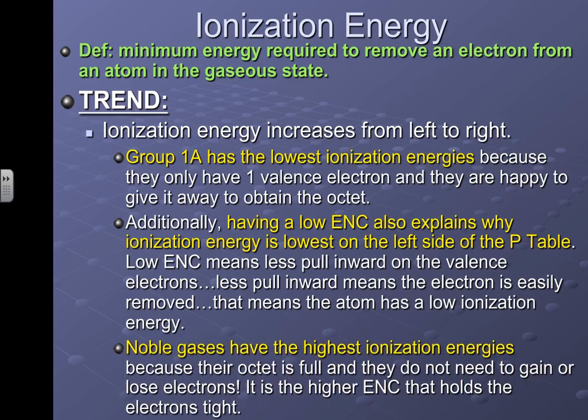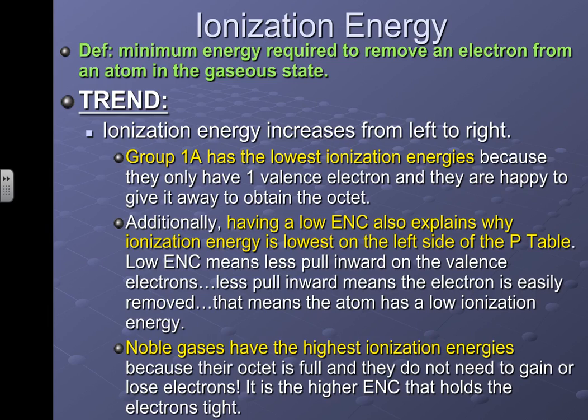Noble gases have the highest ionization energies, basically for 2 reasons. It's because of the octet being completely full, and they don't want to gain or lose electrons, so they have their 8 chocolate bars, and they will fight you for them. And they also have the highest ENC of +8, so again, those electrons are held pretty much as tight as could be possible.